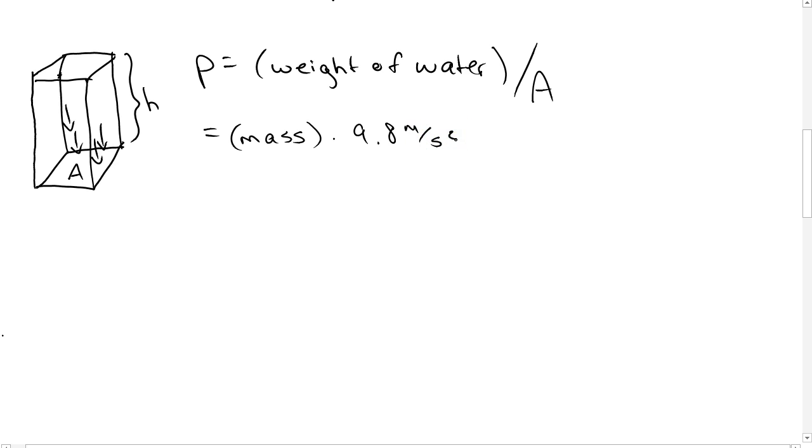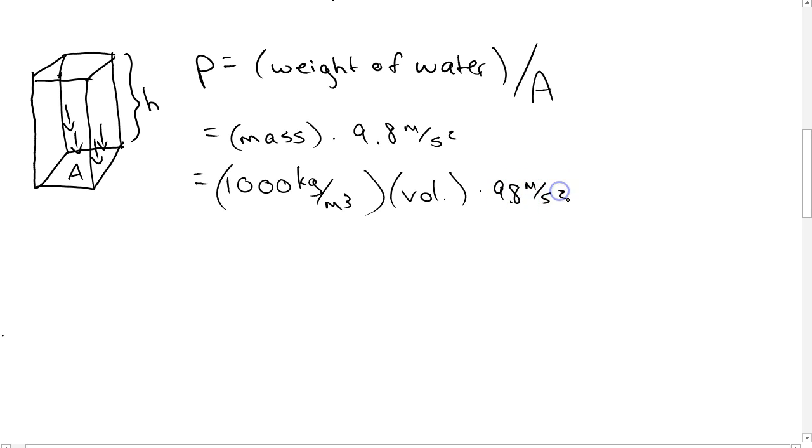And what is the mass of water? Sometimes we talk about the mass density, which is 1,000 kilograms per meter cubed. That's the density of water, times the volume, times 9.8 meters per second squared. And all this is divided by area.